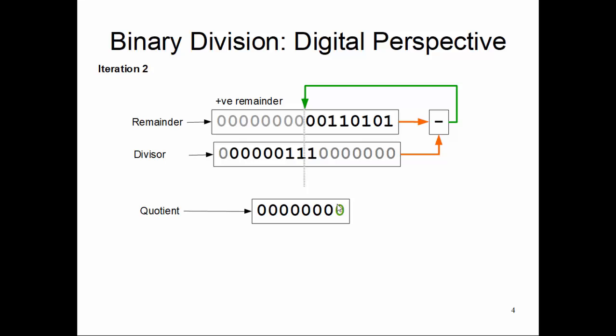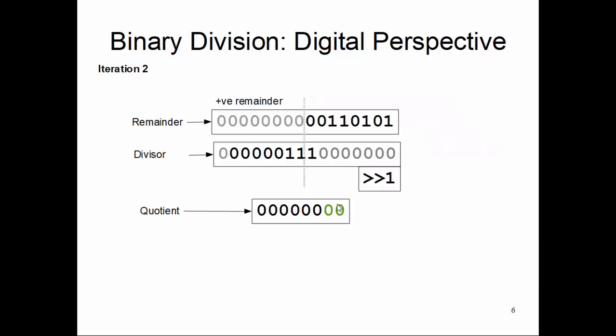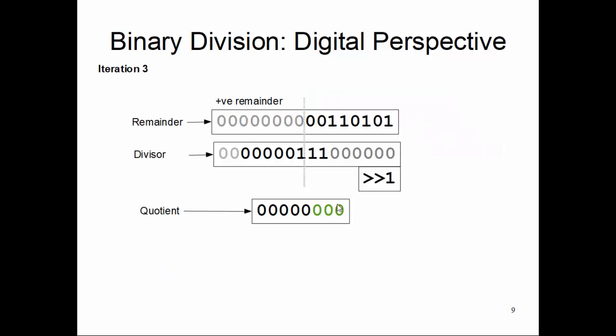We subtract the divisor from the remainder, test if it is negative, insert 0 on the quotient's left-hand side, then roll back, then we shift the divisor bit pattern, and that brings us into iteration 3. We follow the same thing: subtraction, test, quotient finalization, rollback, shift.